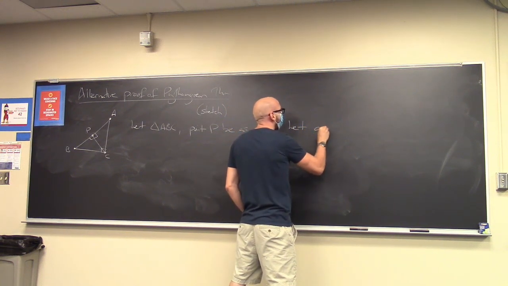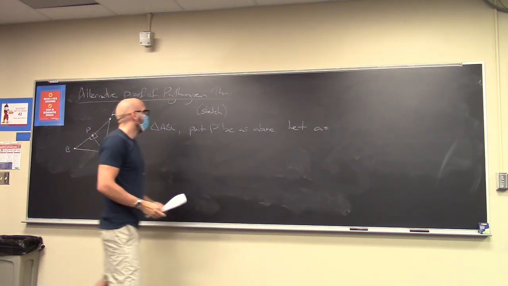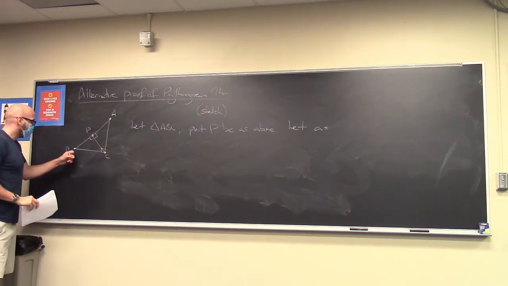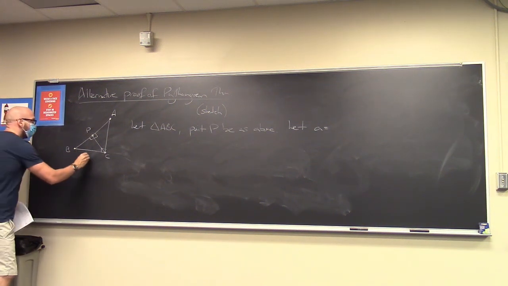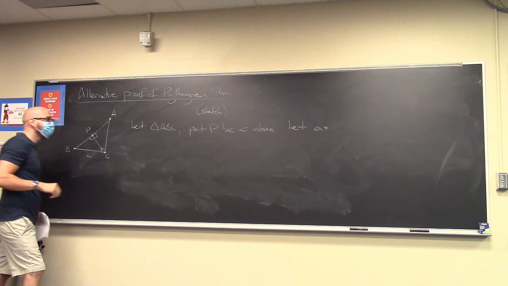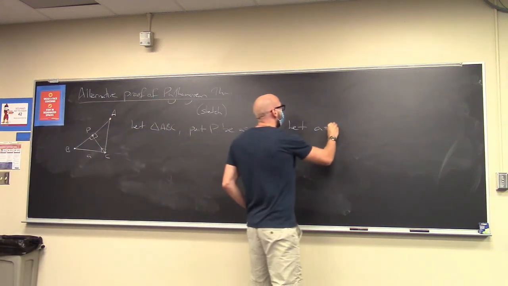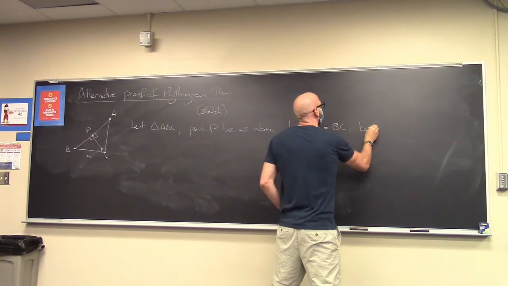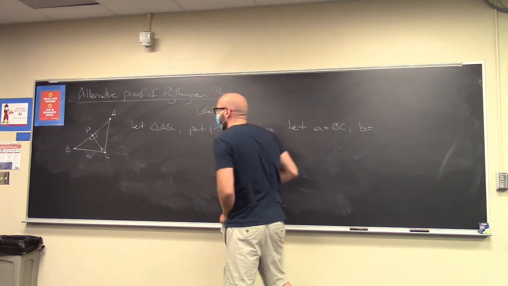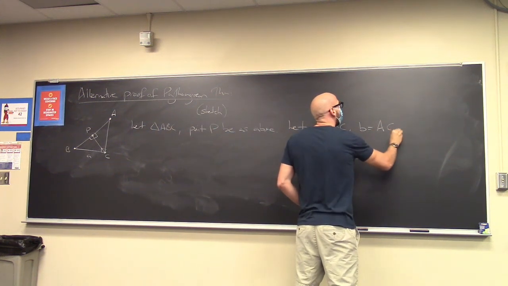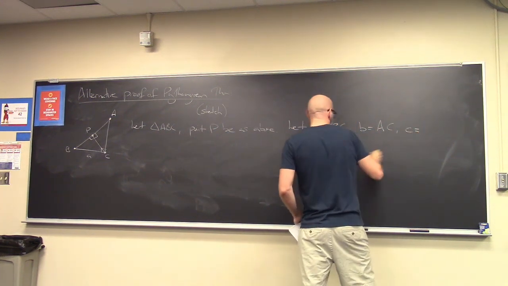So for the Pythagorean theorem, a would correspond to, say, this side BC, the side opposite angle A. So let a be length BC. Let b be the side opposite angle B, so that's length AC. And let c be the hypotenuse AB.